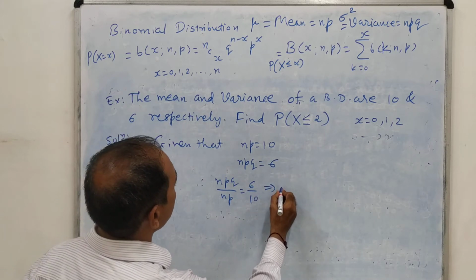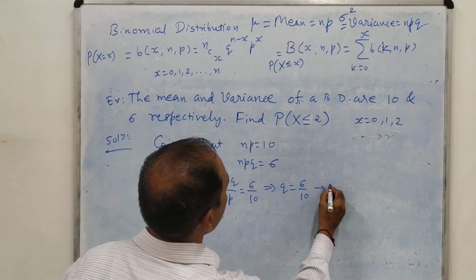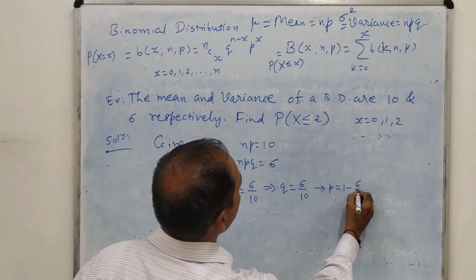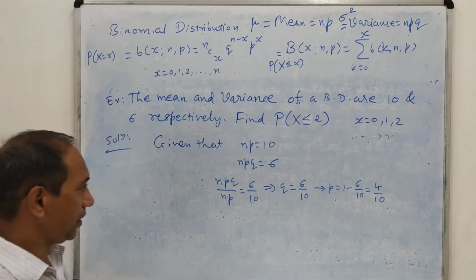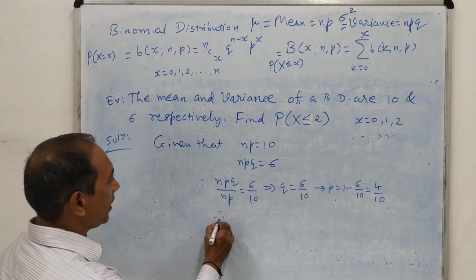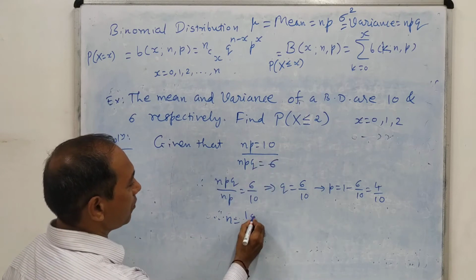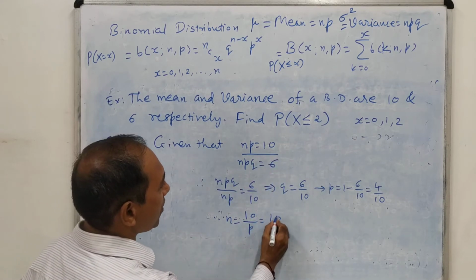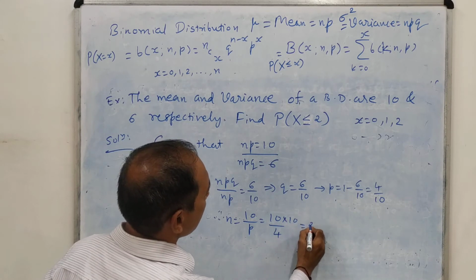So this implies q equals 6 by 10, and p equals 1 minus 6 by 10, so equal to 4 by 10. And then we obtain n: n into p equals 10, so n equals 10 upon p. 10 upon 4 by 10 is nothing but 25.